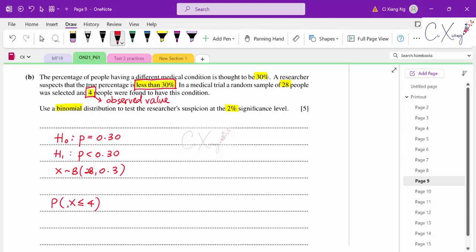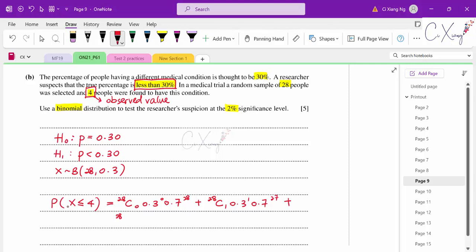Okay, right. Then how to calculate the probability for x smaller equals to 4? You should start from x equals to 0. We are using binomial, right? So x equals to 0 is 28C0, 0.3 power 0, 0.7 power 28. This is x equals to 0. Then I want to calculate x equals to 1. So 28C1, 0.3 power 1, 0.7 power 27.